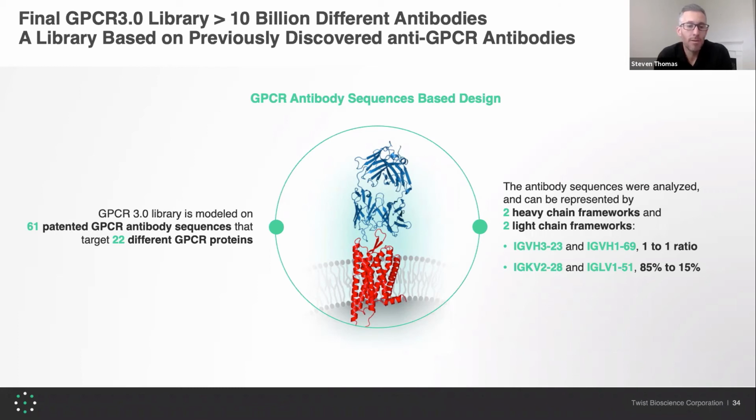So we scoured the literature. We've identified 61 patented GPCR antibody sequences that target 22 different GPCR proteins. In this case, we have a mix of frameworks that basically model what we saw in the literature. You can see listed on the bottom right the frameworks that were selected and their relative representation in the library.